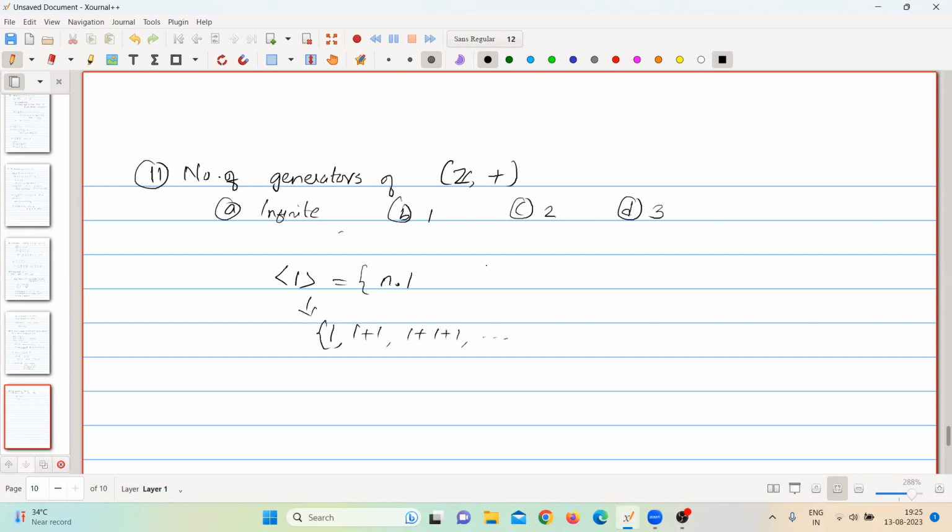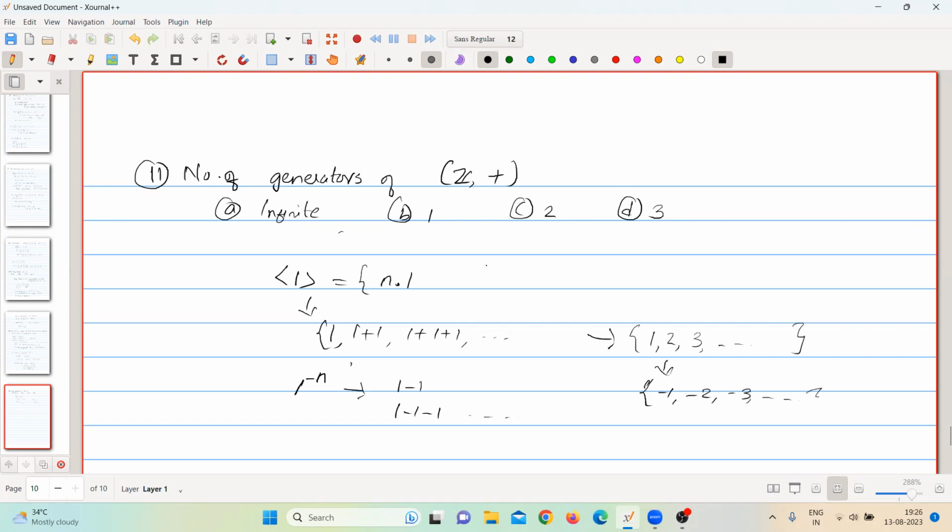In the same way, we need to consider all the inverses also. So 1 power minus n also we need to consider, which means all the inverses. So we will get minus 1, minus 1 minus 1, and so on. Otherwise you can say we get 1, 2, 3, etc. Obviously, a generated set is a group, so the inverses should be there: minus 1, minus 2, minus 3.